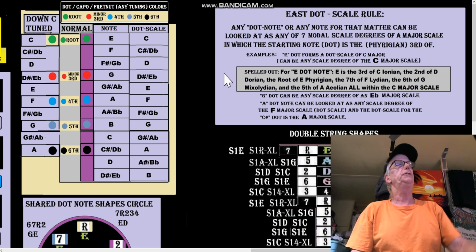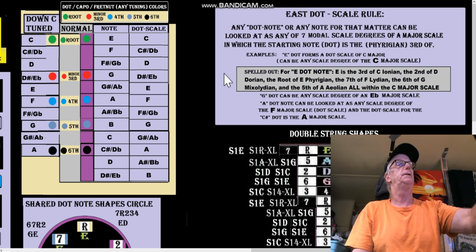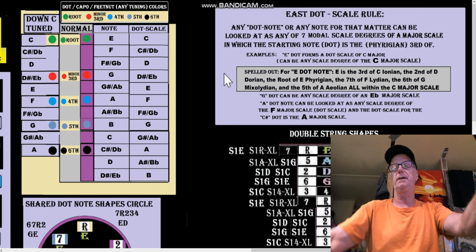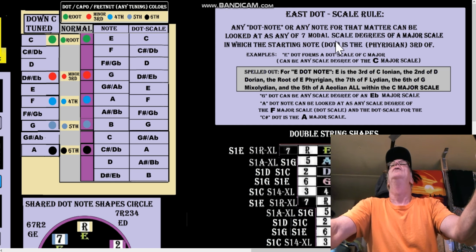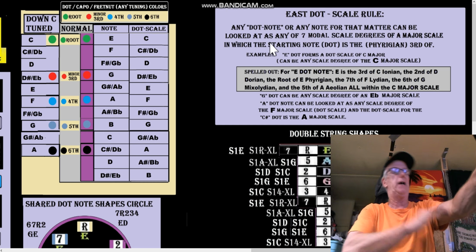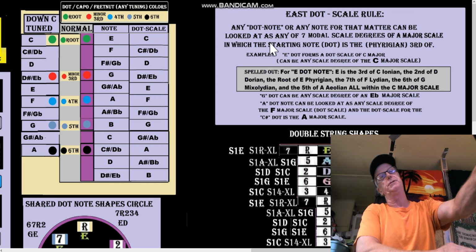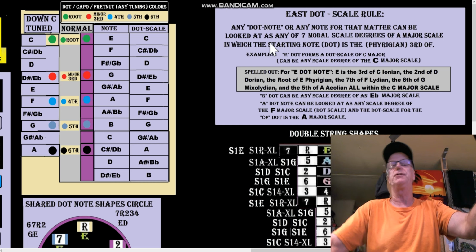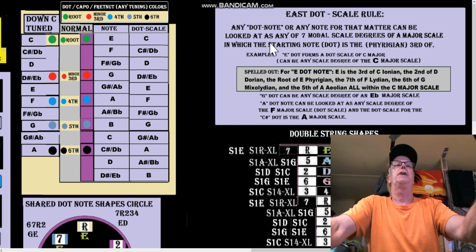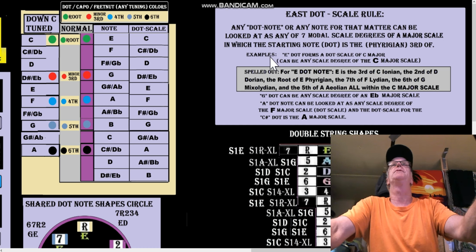So let's say we're on the A dot here. The dot scale would be 2 whole steps down. That has nothing to do with how I tuned my guitar, by the way, which is 2 whole steps down. That's just a coincidence. So the dot scale is two whole steps down.